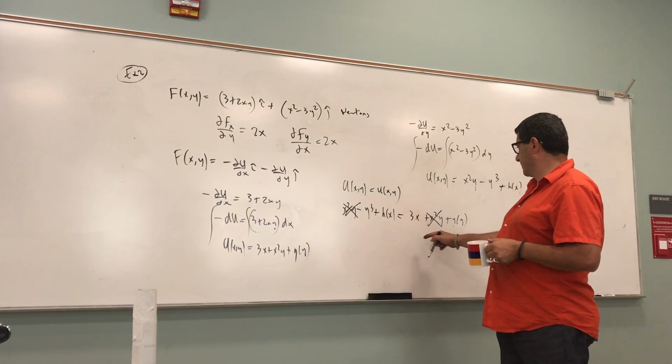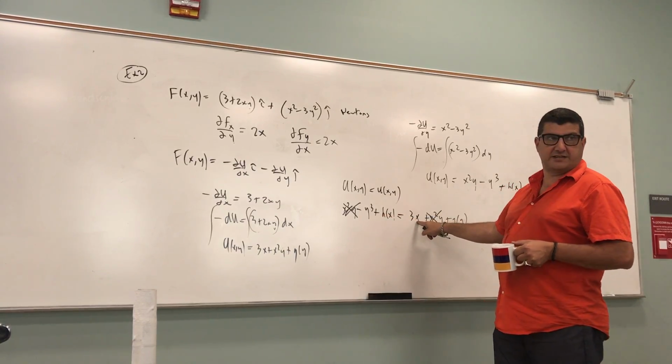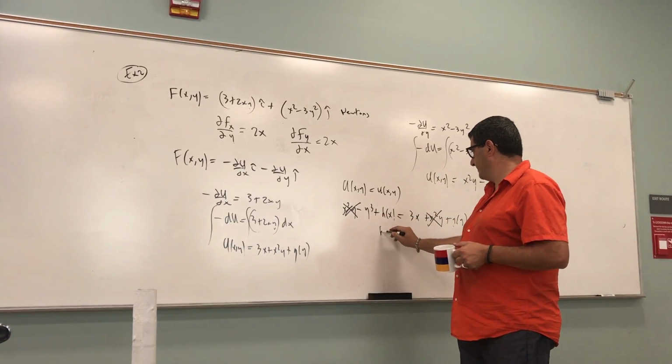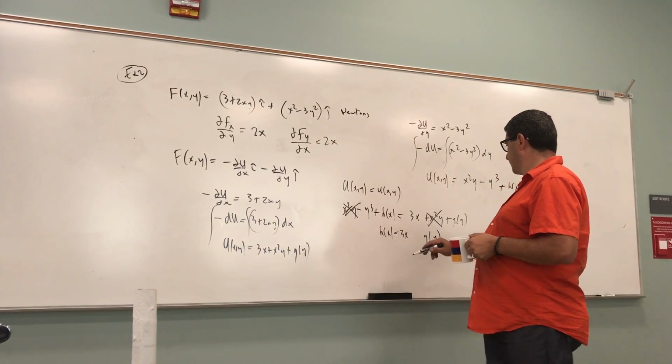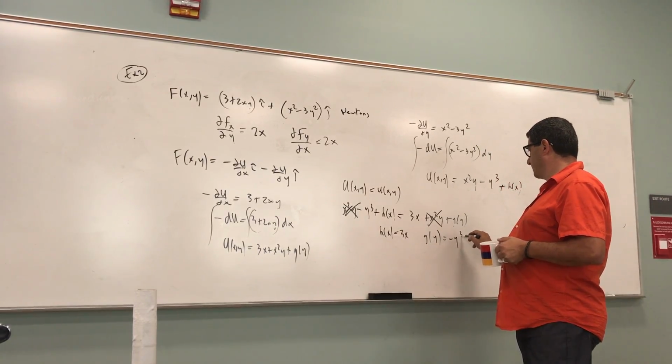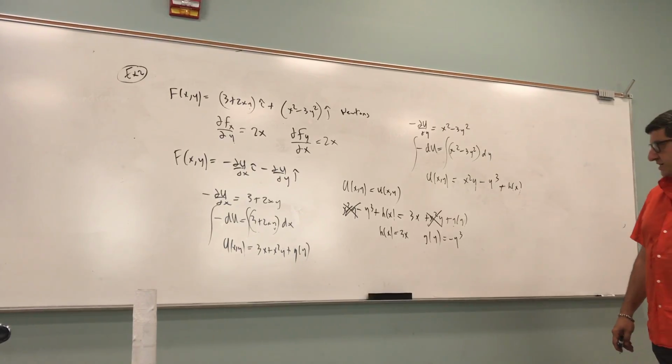And then therefore, g of y must be this guy, and h of x must be this guy, right? h of x is 3x, g of y is negative y cubed, okay?